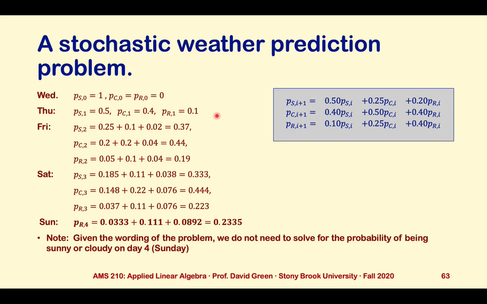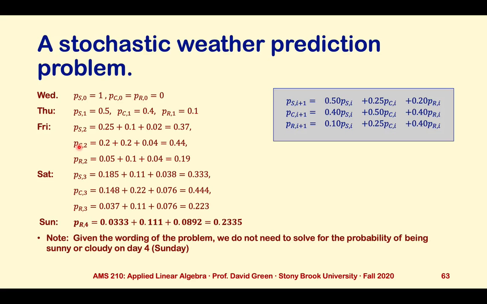The next days start getting a little bit messier because now we have to start multiplying these decimals to get our probabilities. For Friday, day 2, the probability that it's sunny is 0.5 multiplied by 0.5, which is 0.25, plus 0.25 times 0.4, which is 0.1, plus 0.2 times 0.1, which is 0.02. Adding these up gives us 0.37.